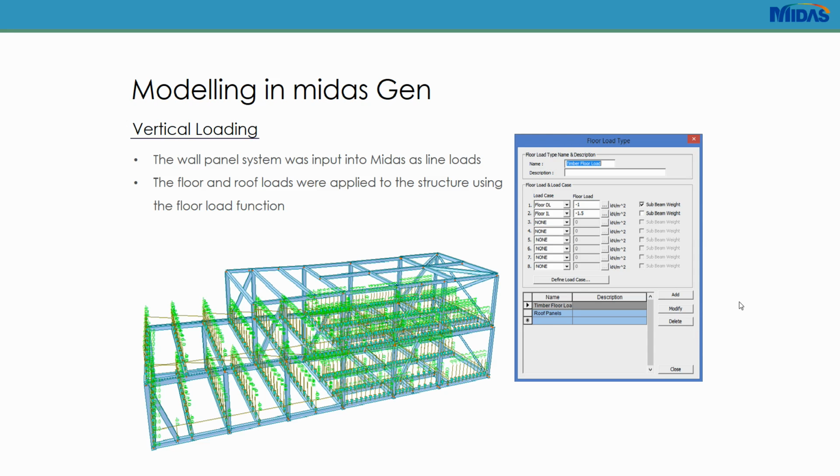Now, when it comes to loading, the vertical loads representing the dead load and the live load were added using one of the functions in Midas Gen called floor loads. This is very helpful as we can create specific types of loads in which we can assign the values that we need for different load cases.